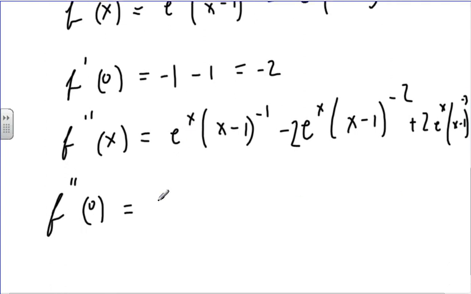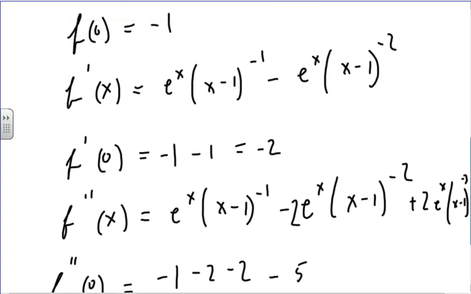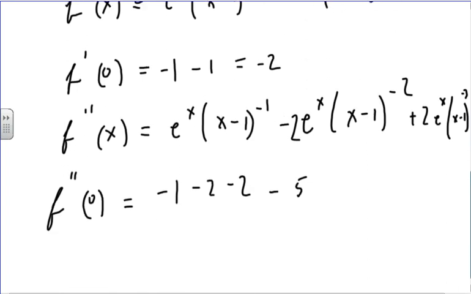So here we got a minus 1, a minus 2, and another minus 2, so it looks like a minus 5. See, we've gone minus 2, minus 1, minus 5.